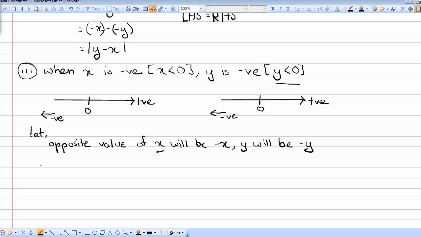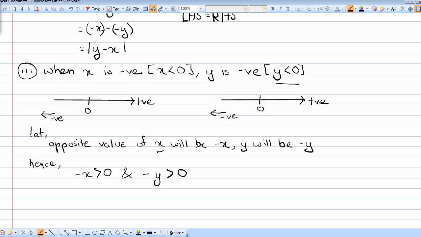And hence we can also say similarly that minus x is now greater than 0, and it should be minus y, sorry for that, then minus y is greater than 0.